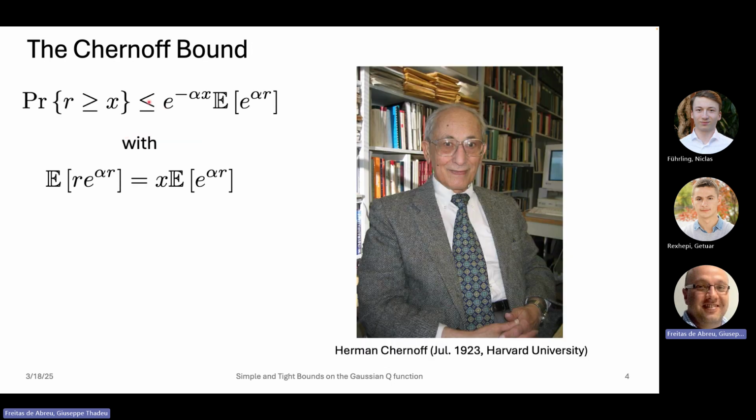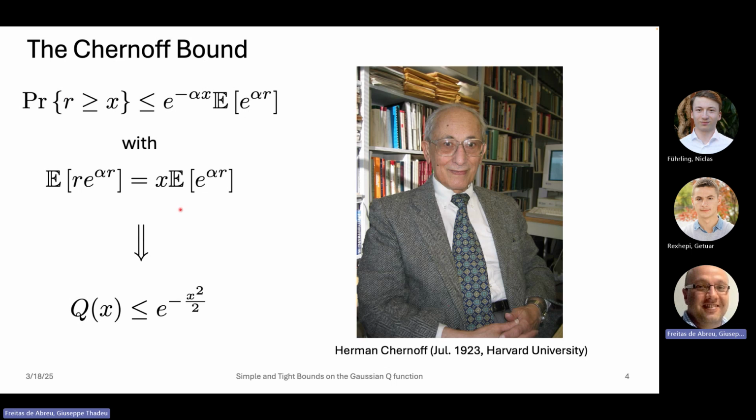But here, the Chernoff bound allows you to obtain one that is single-sided, and this is described this way, right? So the tail integral is upper bounded by an exponential function multiplied by the moment generating function of your distribution, and it can be made optimally tight by computing this parameter alpha, which you can do either by first computing this expression and then finding the alpha that minimizes it overall, or you can just follow this recipe that Chernoff derived, where the solution of this equation directly gives you the optimal alpha.